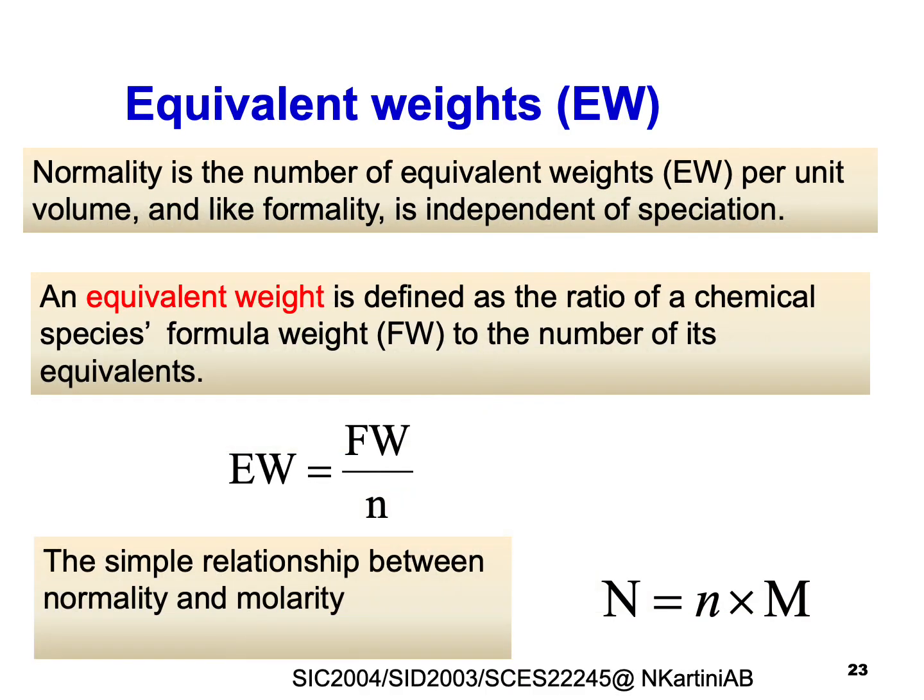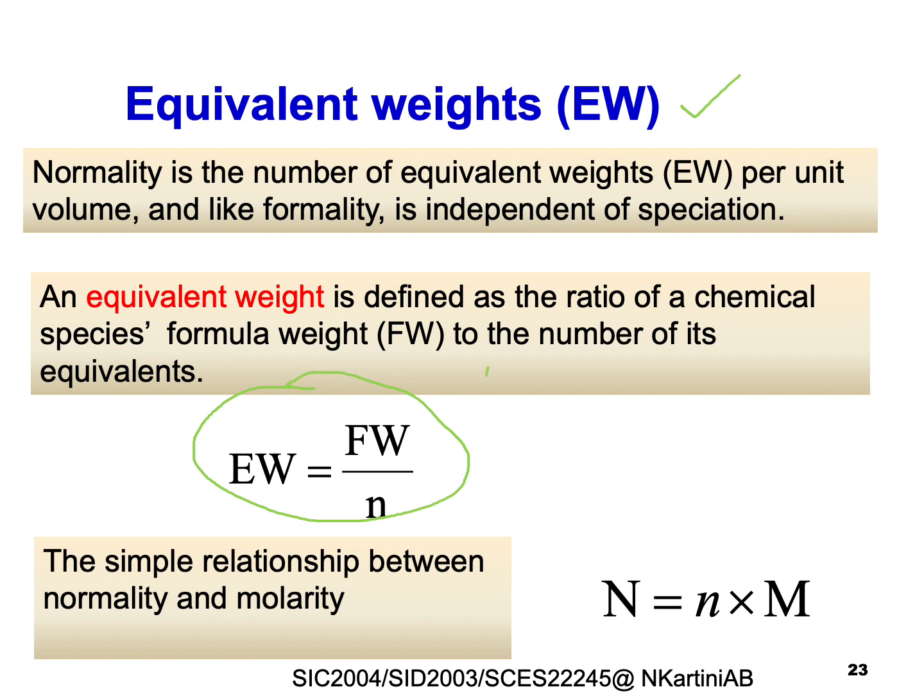When we talk about normality, you should know about the equivalent weight. What is equivalent weight? The equivalent weight is defined as the ratio of the chemical species formula weight to the number of its equivalents. So this is the definition.